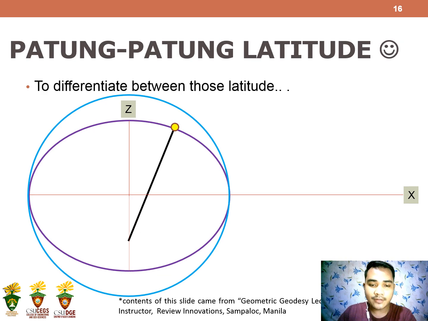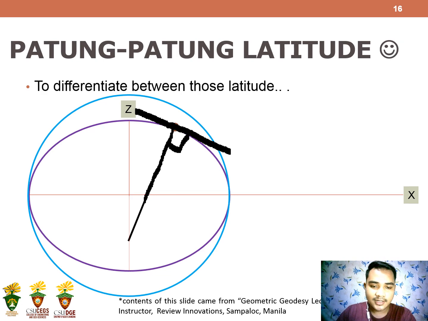So therefore, to have a normal which is 90 degrees, dapat magbuhat ta diha og line, no, which is tangent to that point, para makabuhat ta og 90 degrees. From that 90 degrees, ani nga tangent line, mao ni siya, no?